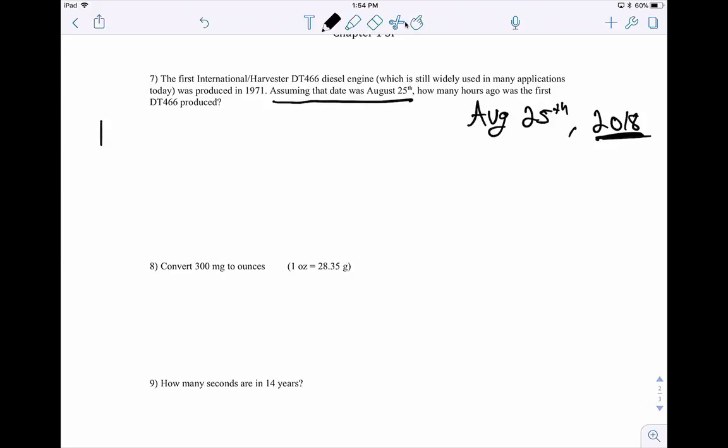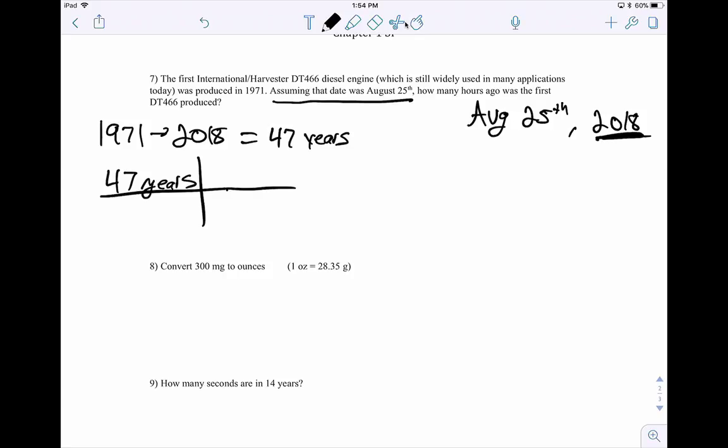How long ago has it been from 1971 to 2018? Right? And so that has been 47 years. So we know we have 47 years, and we'll start the table.